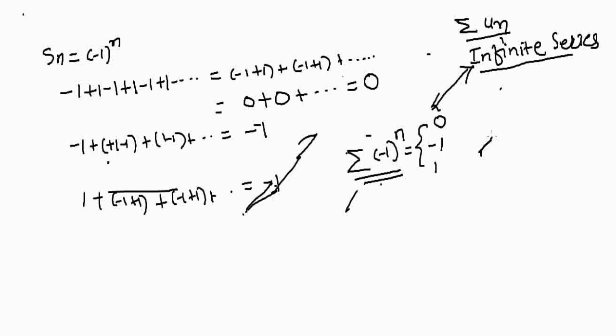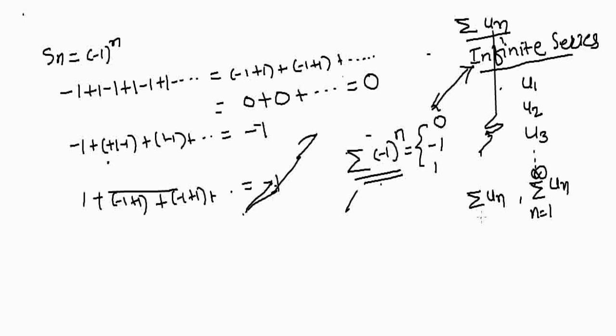So if summation un is an infinite series, then these are the terms of the sequence. If u1, u2, u3, and so on are the terms of the sequence, then the summation of these terms is called a series. Sometimes we denote this series by the simple notation summation un, or sometimes we write it as summation of n equal to 1 to infinity.